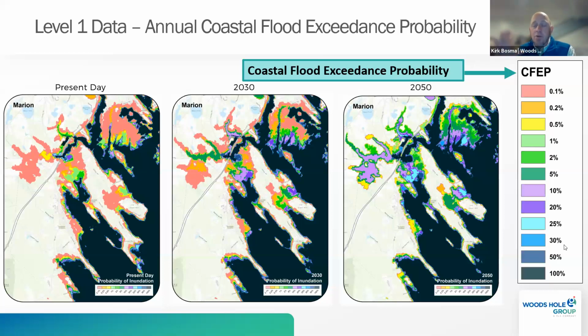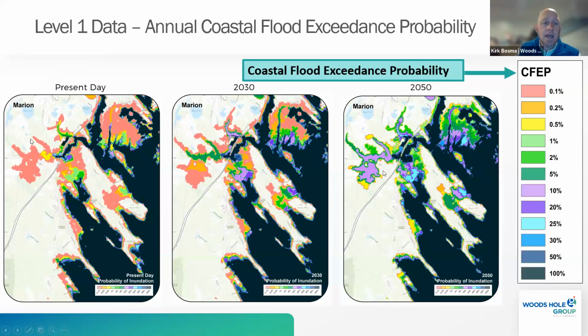Although I want to be clear on this, although there are these colored bands in here, 1% down to 100%, the data actually spans the entire distribution. So you can click in an area in the data and you'll see not 20% for purple, it might be 22.3%, right? So you can get a little bit more granular in terms of what your actual risk in an area is.